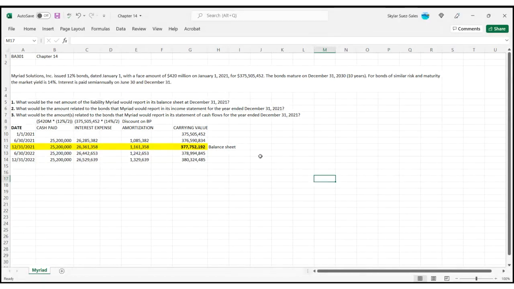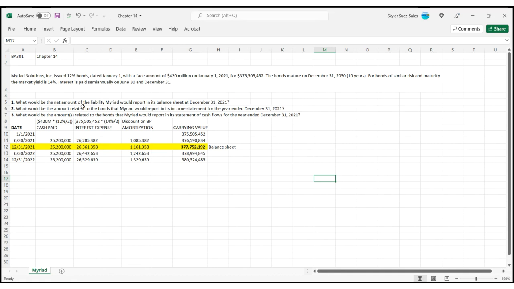Actually, the long-term liability will be this less the 25,200,000. In essence, I mean, I don't know. They didn't really say to classify it as current or non-current. We're just told net liability, so that's the net liability. But if we were asked what would be the current and non-current portion of this liability, you have a payment that comes up. You have two payments actually within a year, and those two payments will be reflected as current and then the balance as non-current. But we weren't asked that.